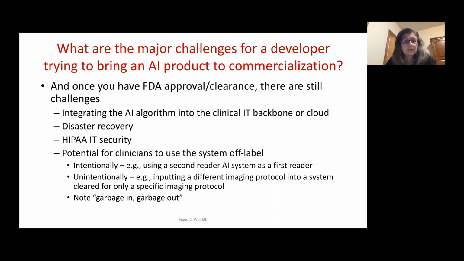It might be intentionally. That is, maybe it's an FDA cleared second reader AI system that they are going to use as a first reader. Not allowed, but might happen. Or it might be used unintentionally. That is, it was approved for a specific imaging protocol. They have an image, similar but different protocol, and they input it and the system doesn't work.